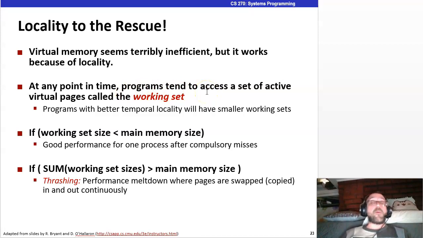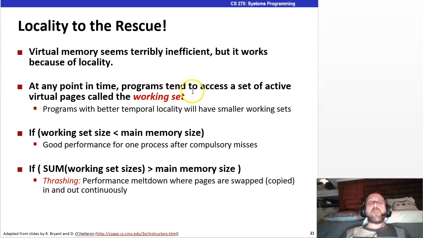That might be, for example, the main loop in our program, the instructions associated with that, and the data structures referred to from that loop. Now, if I do different things in the program, if I pull down a menu and select a particular menu option, I will have to load new data and new code, but that happens relatively rarely from the point of view of the processor. It might take me a tenth of a second or more to click on a button, and a tenth of a second for a processor is a long time. Even for the disk, it's a reasonably long time.